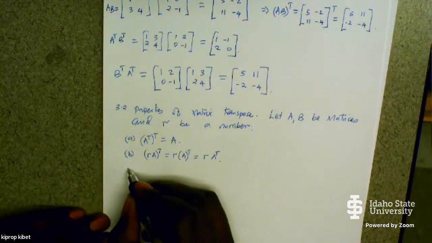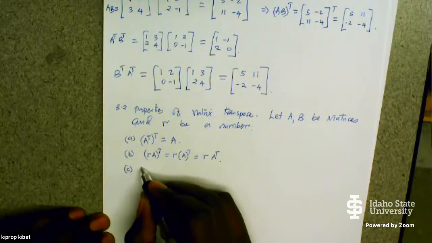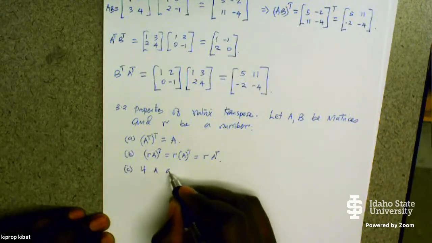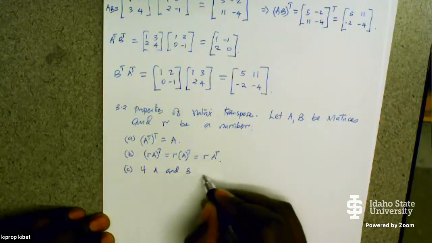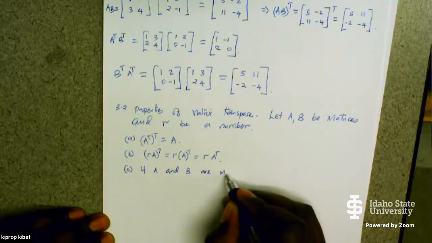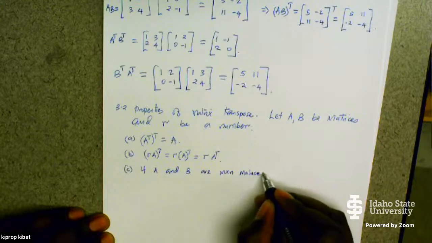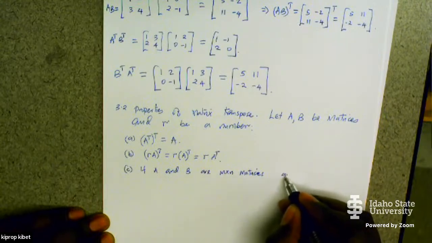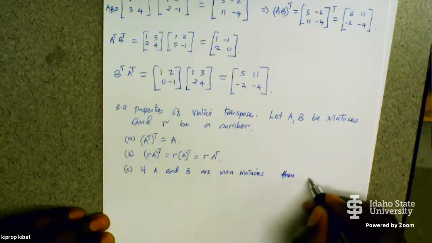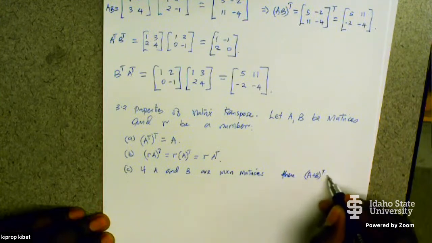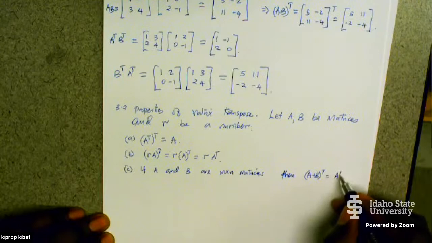Number C, if A and B are M by N matrices, then A plus B transpose is just the same as A transpose plus B transpose.